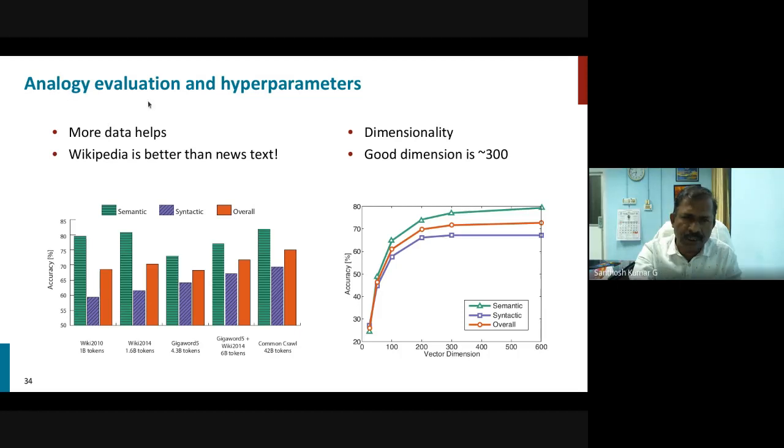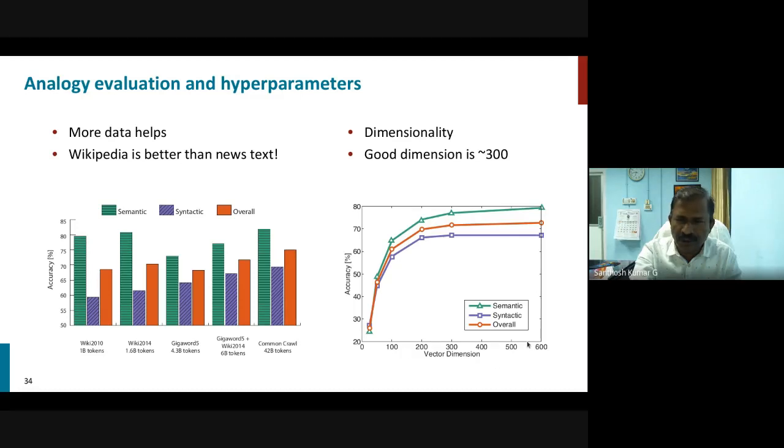So yeah, this is analogy evaluation and hyperparameters. So these are the different data sets that are being used. So green represents the syntactic and violet represents semantics. And this is overall. So you can see the accuracy plot with respect to the vector dimension.